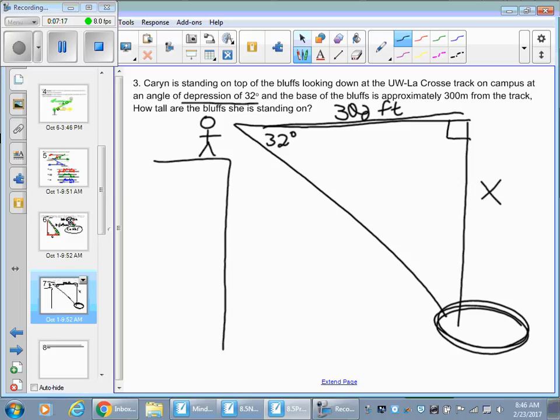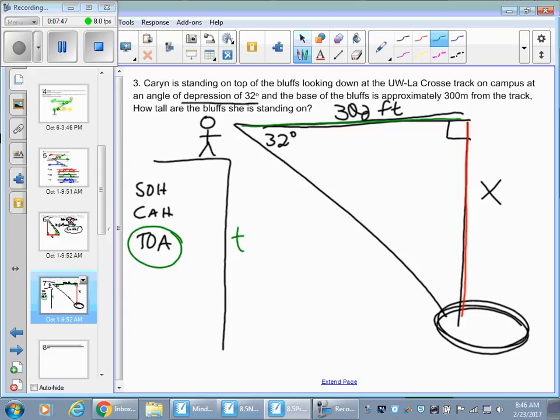We have an angle of depression, 32, and we have to figure out that far side. SOHCAHTOA. I've got an opposite side and an adjacent side, so that's going to be tangent.